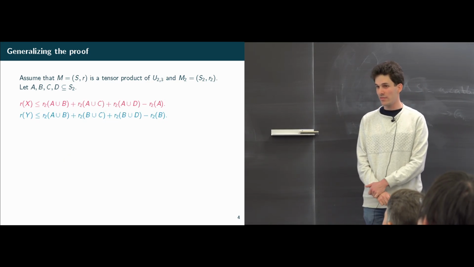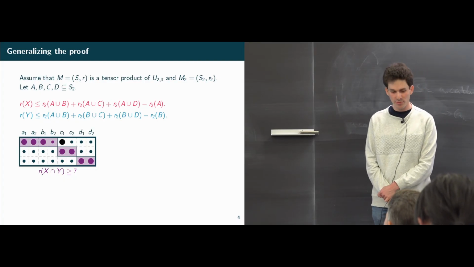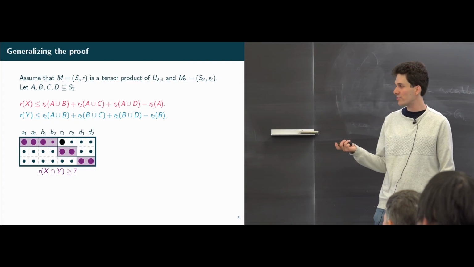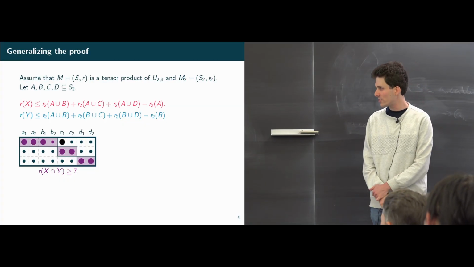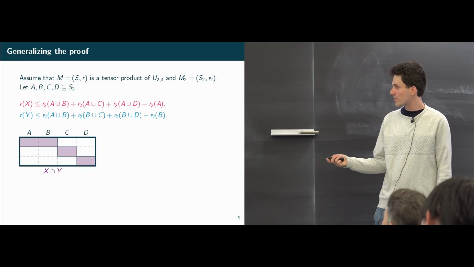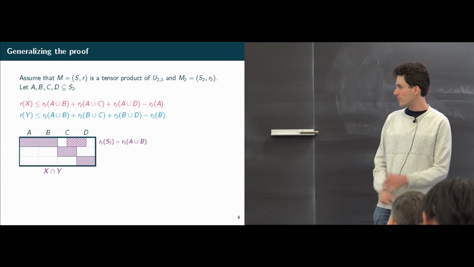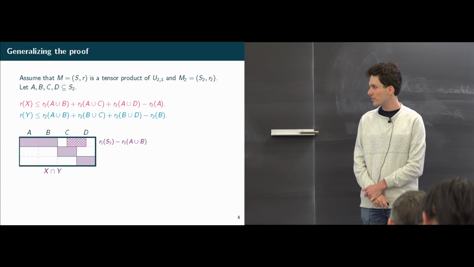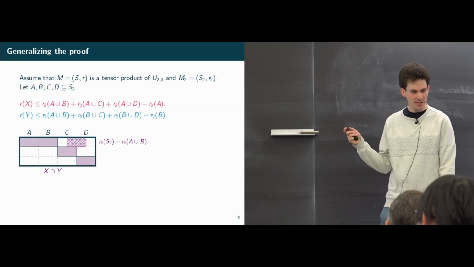And then, without any new ideas, we can also generalize the lower bound proof on the rank of the intersection. Instead of sticking to these 7 particular elements, in general, in the first row we add the total rank minus the rank of A union B extra elements to span the first row.